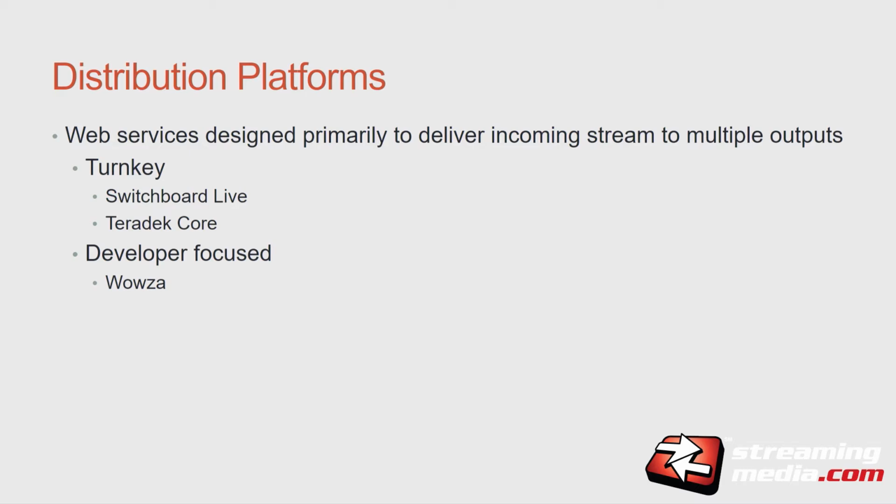And the only difference between distribution platforms and the live streaming platforms we're going to cover in a moment is that you've got limited ability to add things to the stream. This is really a switching function with some ability to add titles and stuff, but it's not a full production system, which is what we're seeing with the final category. So the two products we're going to talk about are Switchboard Live and Teradek Core, and then talk a bit about Wowza.